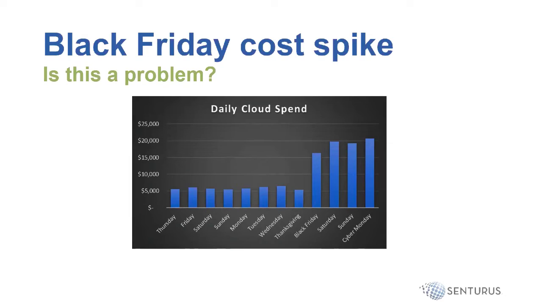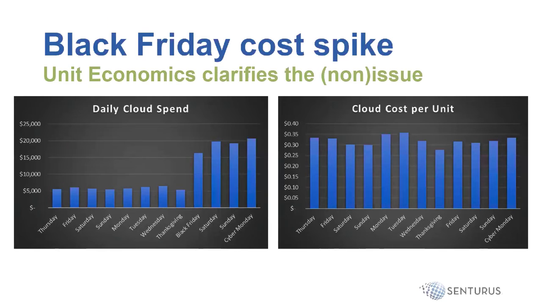Is that a problem? Some people, if they don't really have context of the business volume, will say, yes, that's a problem. But if you look at it from a unit economics perspective, in this case, just taking a rough number, call it 32 cents per activity from a cloud cost perspective, I don't have a problem here. It's a non-issue.